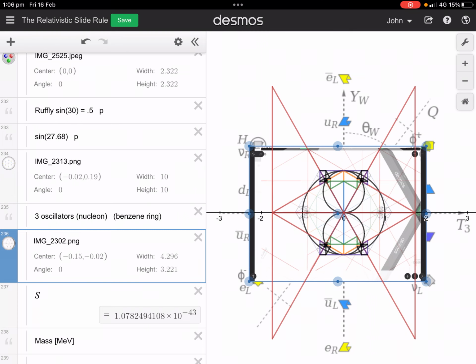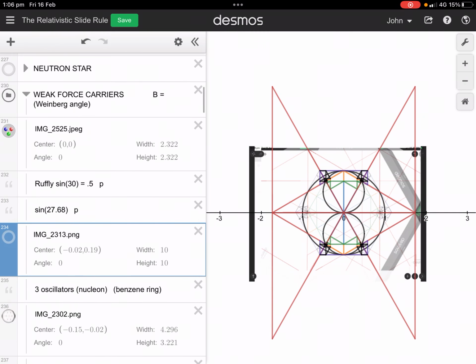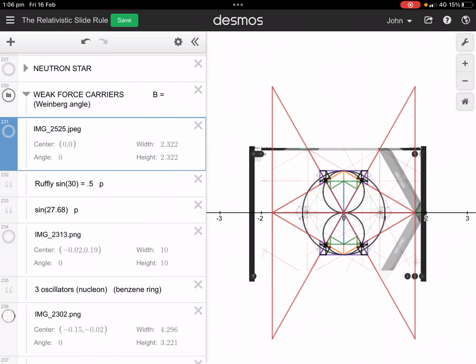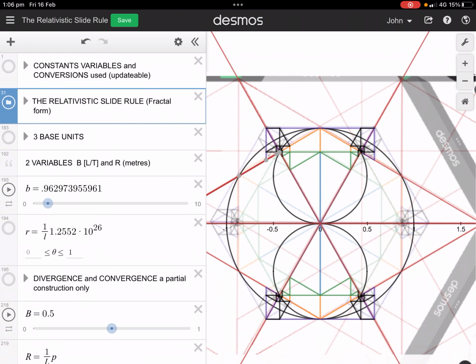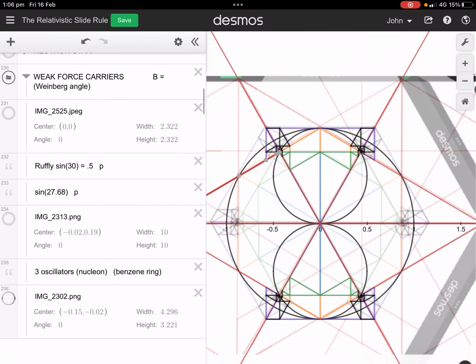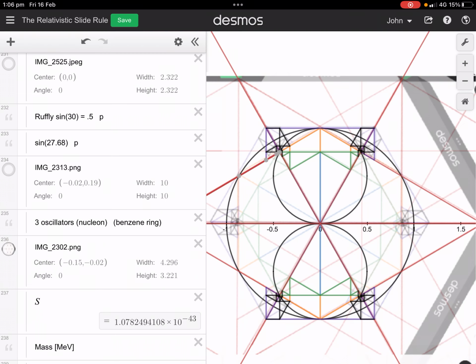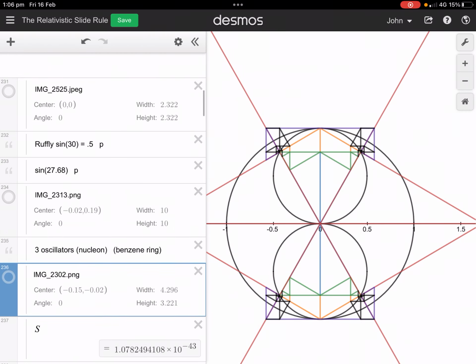What's that? Oh yeah, that's just my little diagram. You could get like 3 oscillators. Anyway, that would be a stable configuration. I'm just speculating there.